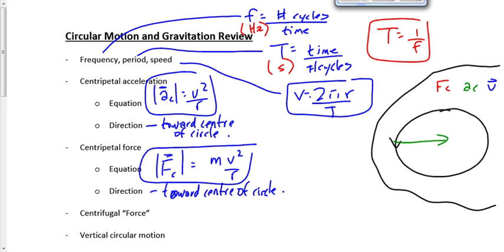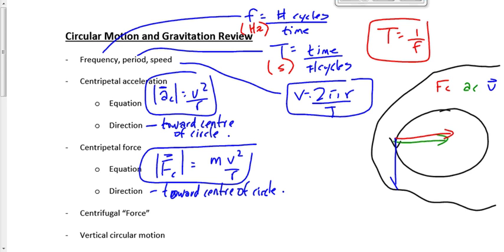Same direction as the acceleration, right? Acceleration is always in the same direction as the force, regardless of whether you're talking about centripetal acceleration and force or not. A and F will always be in the same direction. What about v, the velocity? David? Yeah, we call it a tangent to the circle. That's a line that kind of skips along the outer part of the circle.